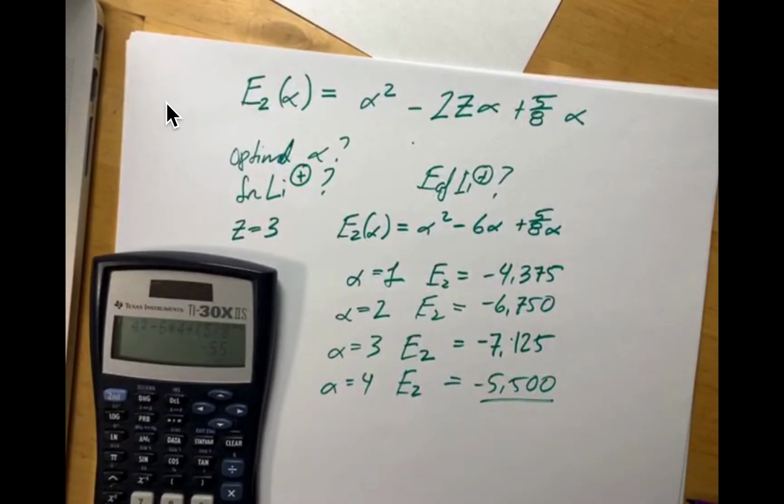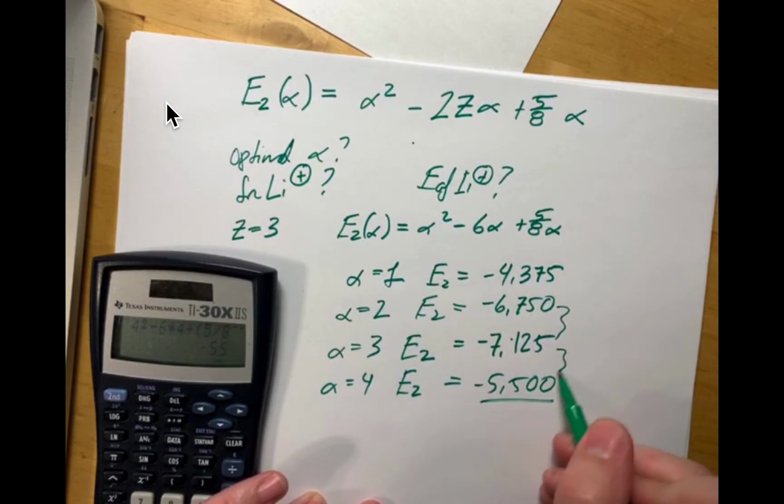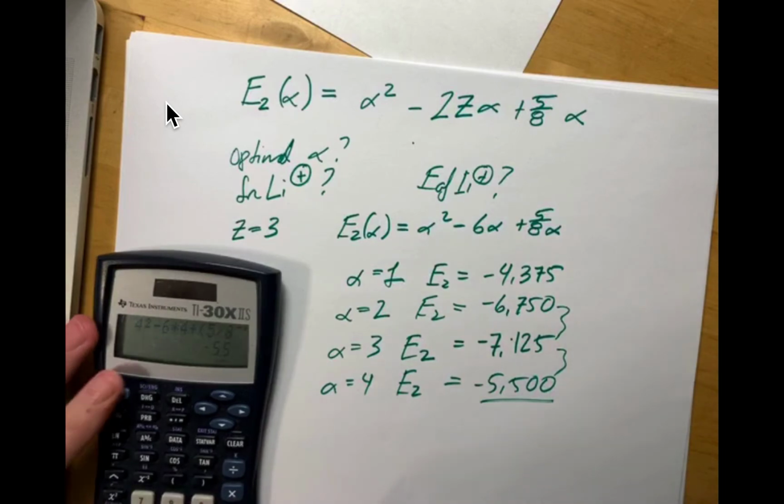Okay, so we know that the minimum value, the alpha that gives us the minimum value of the energy, then is somewhere in here or in here. It's somewhere between those two.